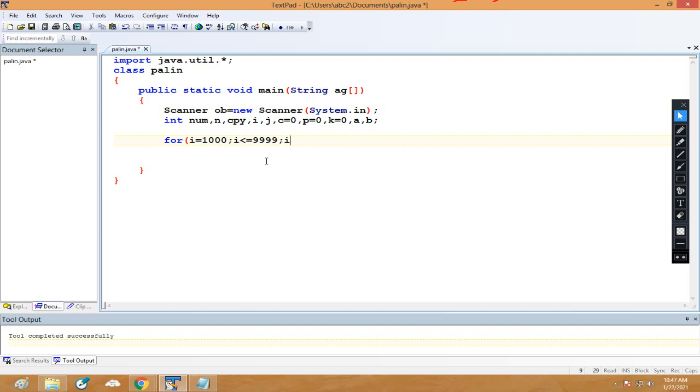So this is the maximum and the minimum limit I have used. So starting from the minimum, every time we want the reverse, and now k equals to I, k is not equals to 0, k divided by 10.